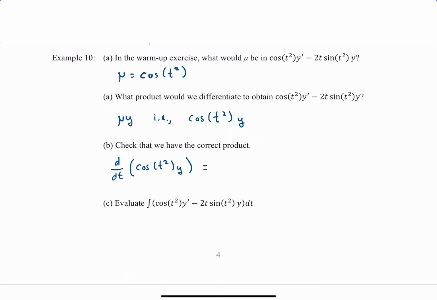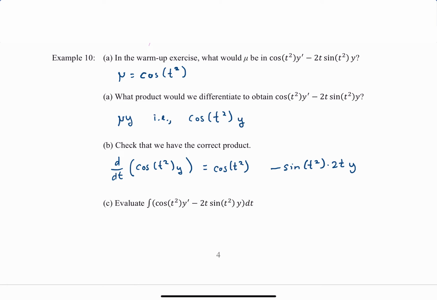And I'm going to go ahead and do the differentiation in the order that we want to see it in. So I'll differentiate the cosine of t squared second. So that's going to give us minus sine of t squared. And the chain rule says we have a 2t. And then we're going to keep the y. And I'll do the step that's usually the second term.